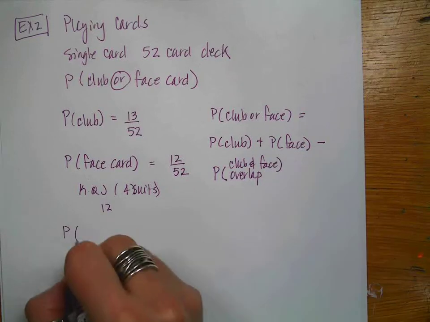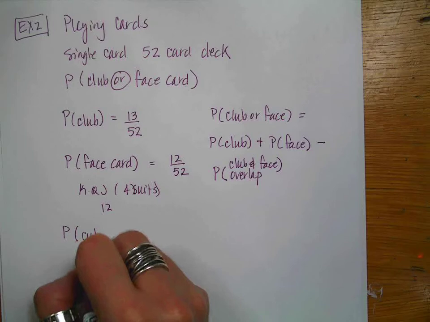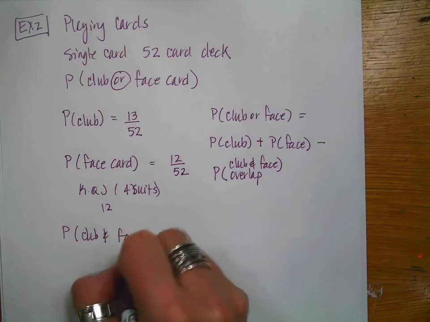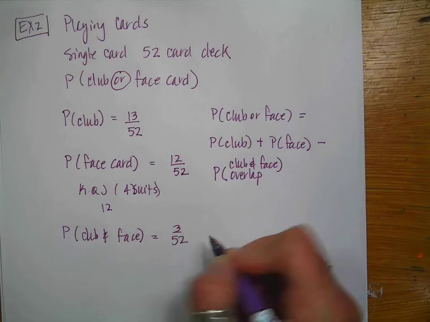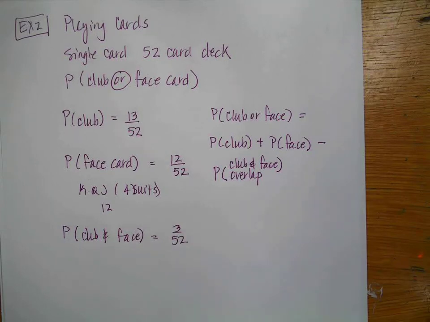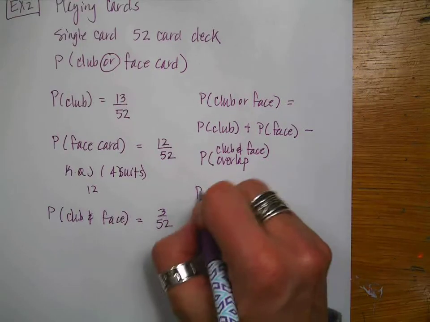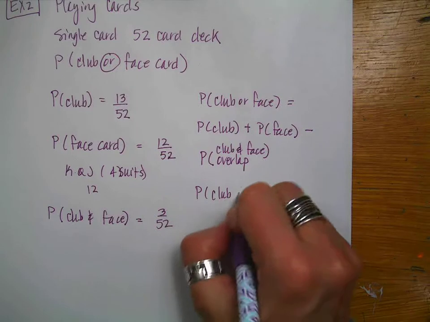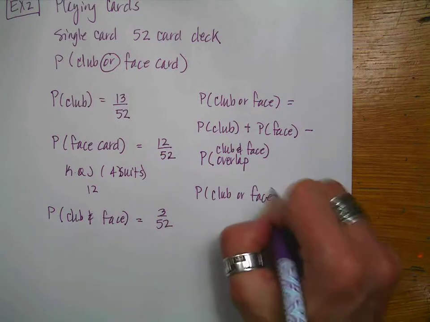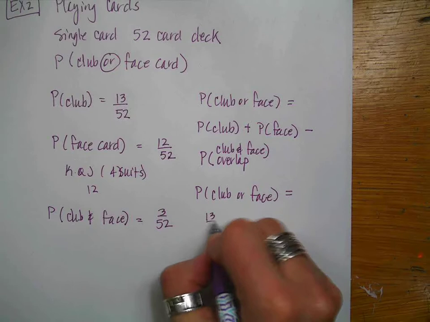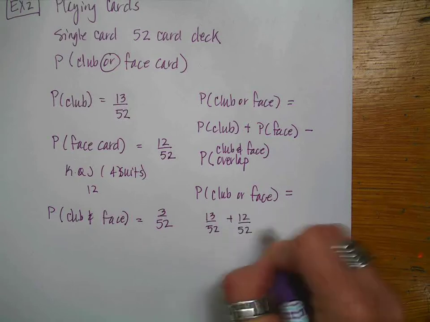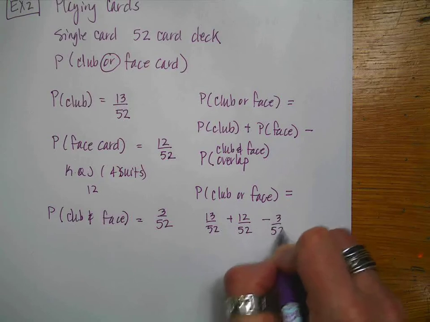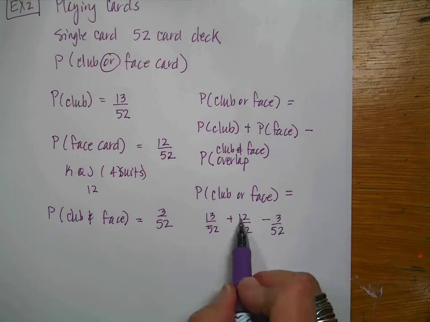So I neglected to do that one, so let's do that one. So the probability of a club and a face card is going to be 3 because there are 3 per suit, so there are 3 club face cards, okay? So then my probability of club or face is going to equal the 13 over 52 plus the 12 out of 52 minus the 3 out of 52.